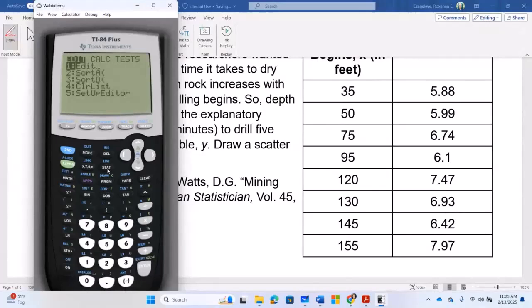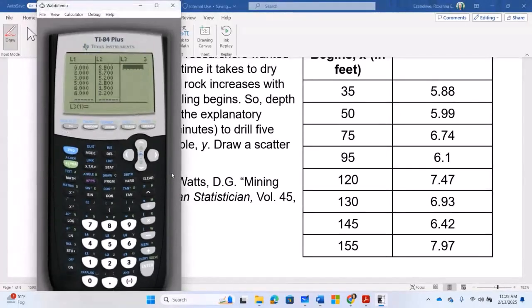Okay, so I'm going to go to Stat. I have data in L1 and L2, and I still need them, so I'm going to use L3 and L4 this time. The first data I should enter is the predictor variable, which is the x-axis, or the explanatory variable.